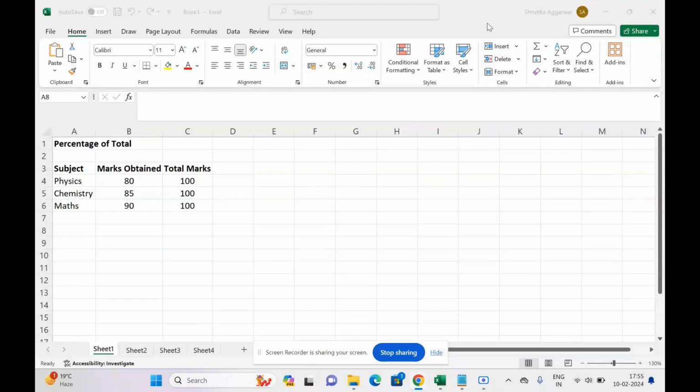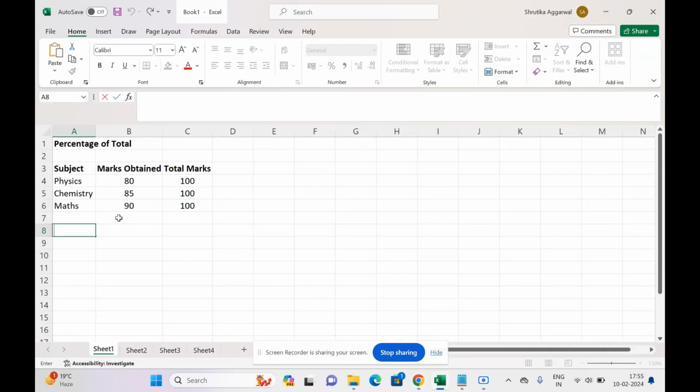So as you can see on the screen, we have three subjects, physics, chemistry and maths. We have obtained some marks for each subject and the total marks for each subject was 100. So to calculate the percentage, I will calculate the sum first.